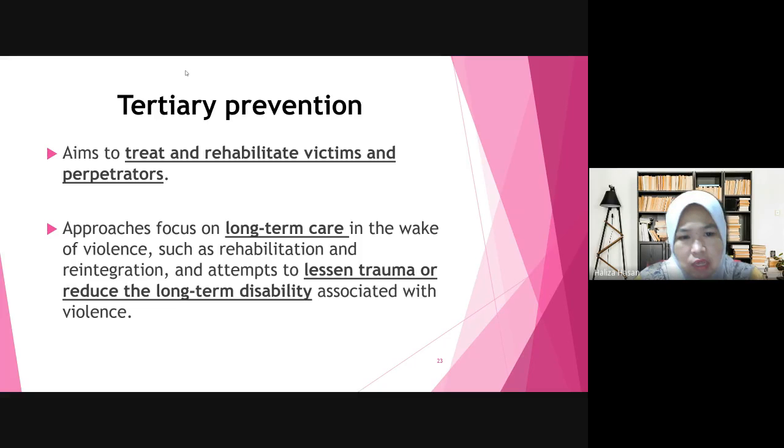So to treat and rehabilitate the victims and perpetrators, okay, approaches focus on the long term, because the violence victims have trauma, and they will take a long time to accept or to adapt to the situation, to accept what happened to them.